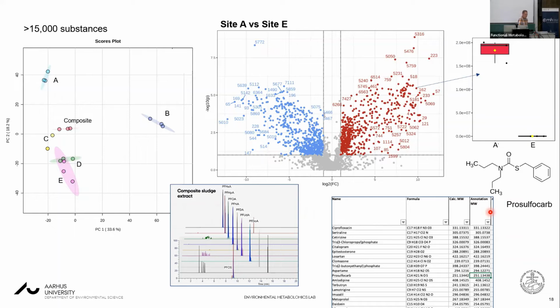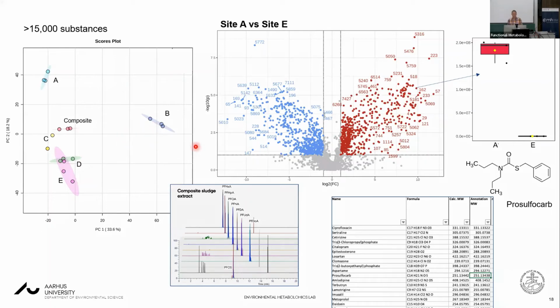And when we did that, we found like, I don't know, thousands of substances. We could only identify a few percent of them. And we could see some clearly distinguished profiles between the different sludge sites, the different wastewater facilities.